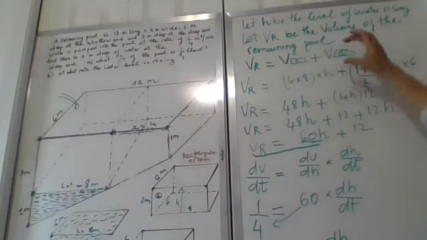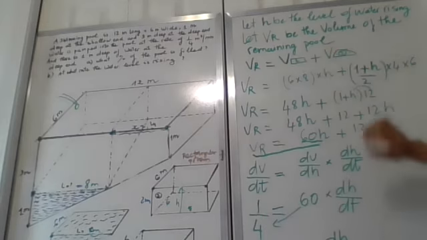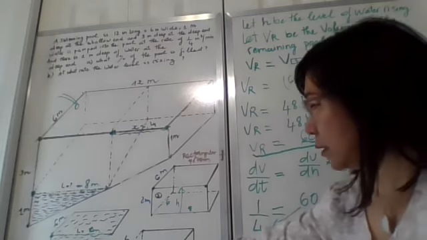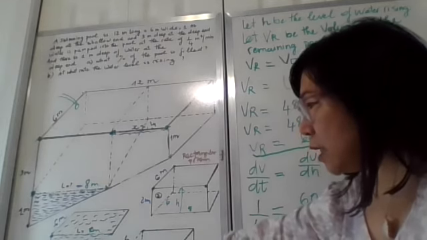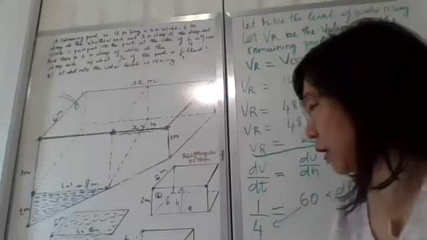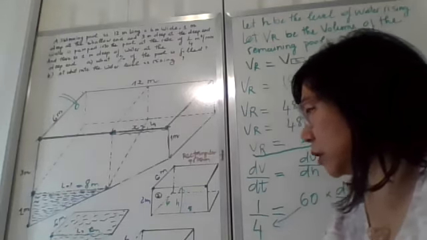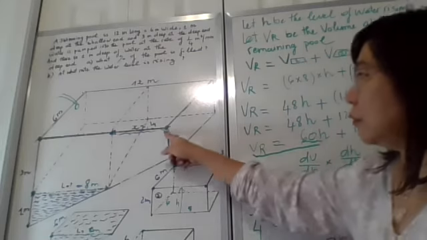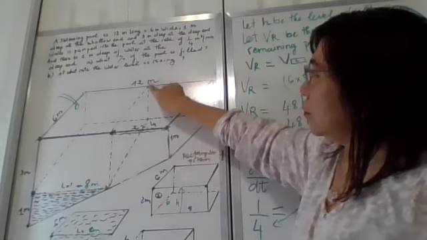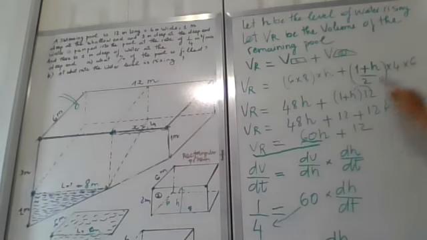So we put it as the height H. Adding V3, the volume of figure 3, which is 1 over 2 times H, this length, which is the water level rising again, a variable we don't know, times the height of the trapezoid here, which is 4. From here to here is 4. Times the height of the prism, which is 6.